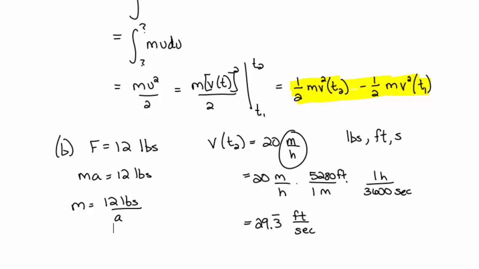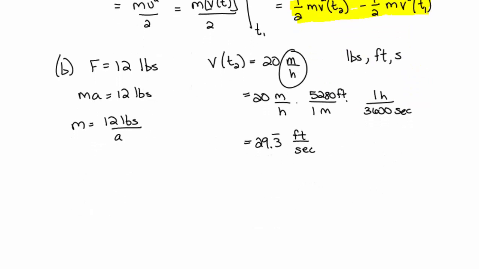To do that, we have to know the gravitational constant on Earth, which is roughly 32 feet per second squared. So I'm going to just put that in here. They actually give us that information in the problem.